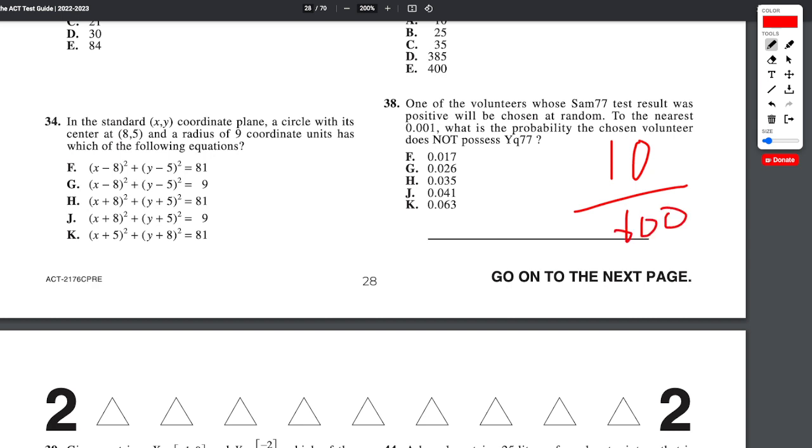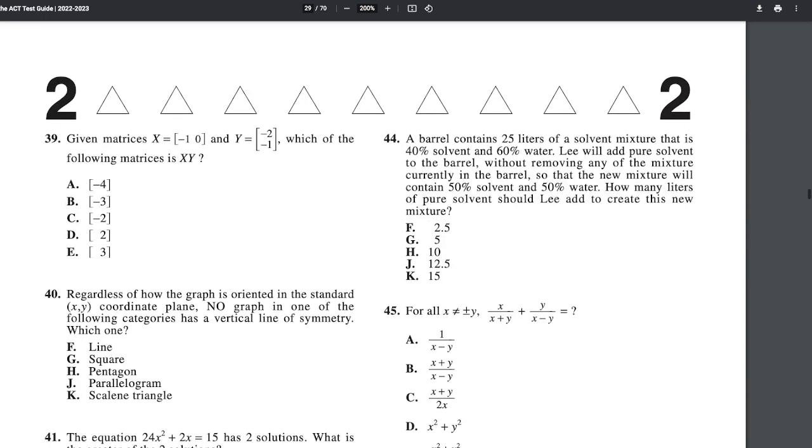I think that's about 0.016 repeating, right? Something like that. 0.01666 repeating, and that rounds to 0.017. So that's about F. Okay. I think we're rocking this now, y'all.